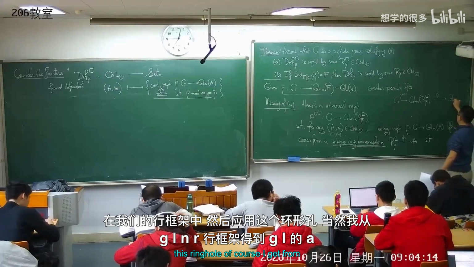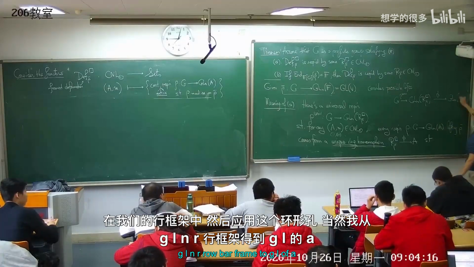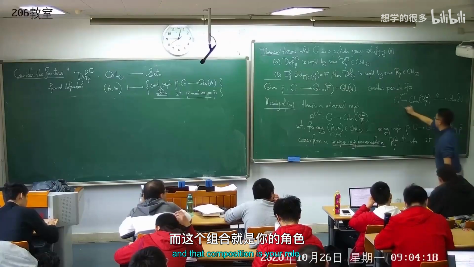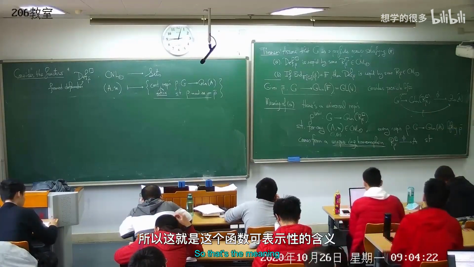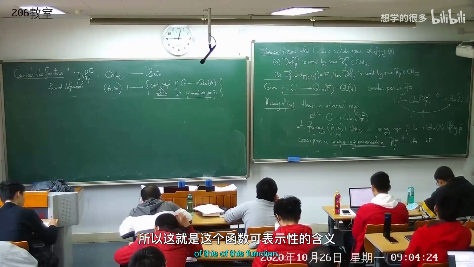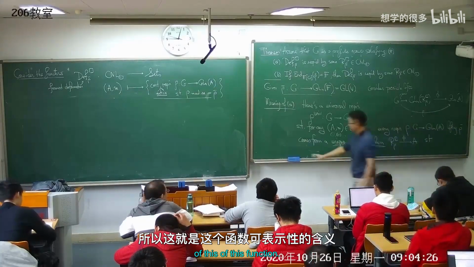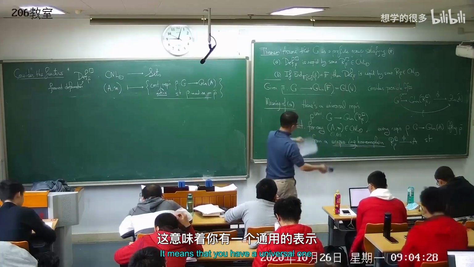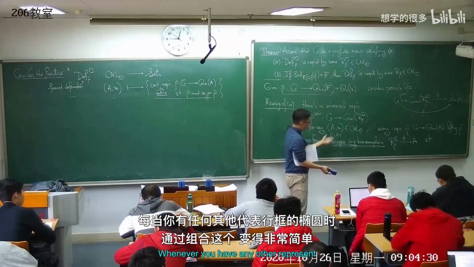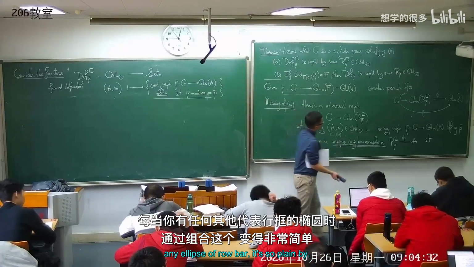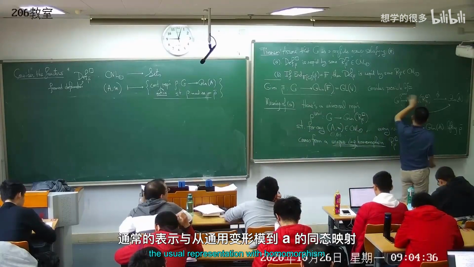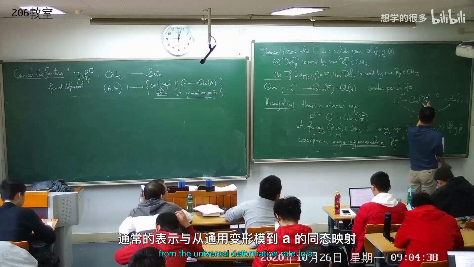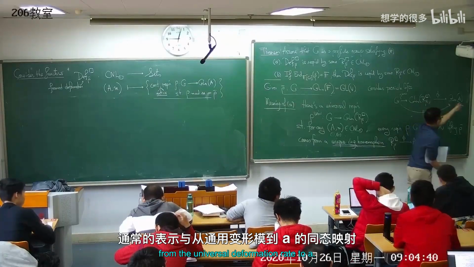Of course, I get from GL_n of R rho bar framed to GL_n of A, and that composition is your rho. So that's the meaning of the representability of this functor. It means that you have a universal one. Whenever you have any lift of rho bar, it's just obtained by composing the universal representation with a homomorphism from the universal deformation ring to A.